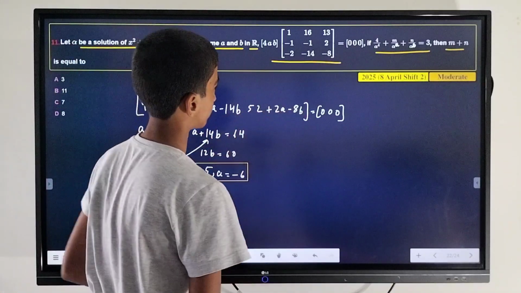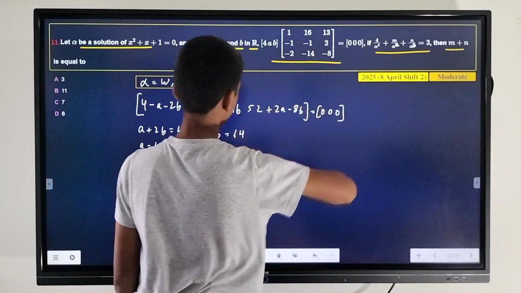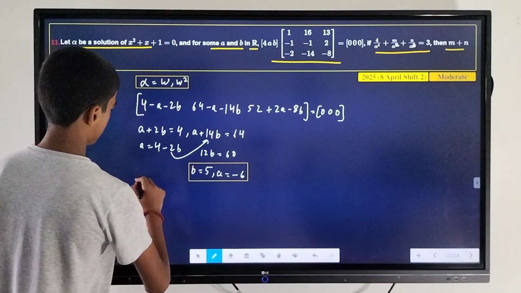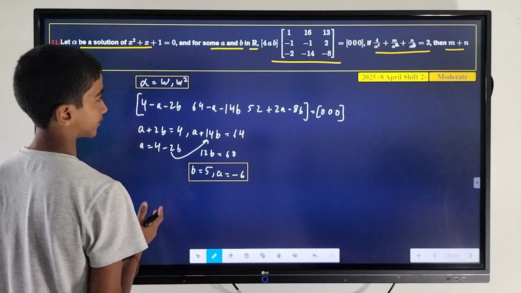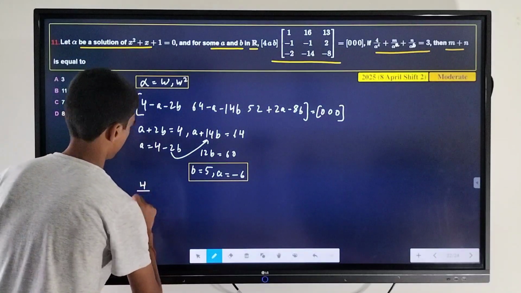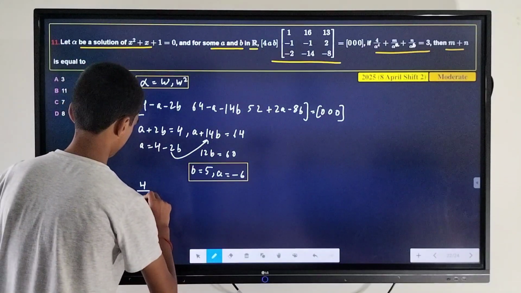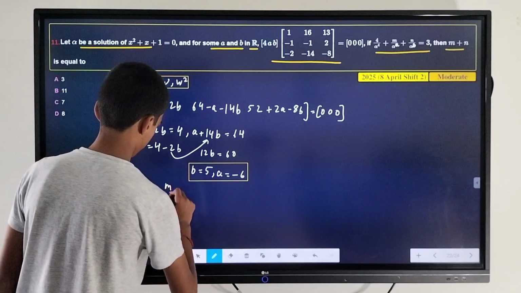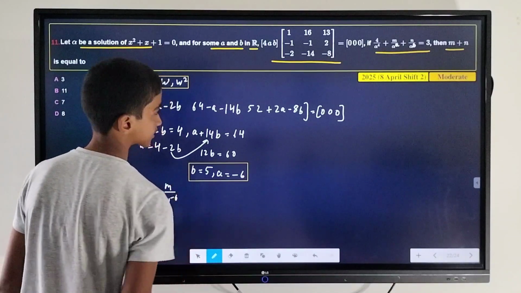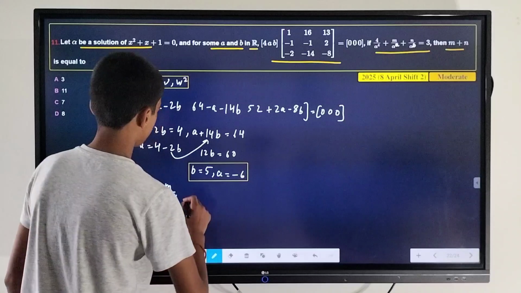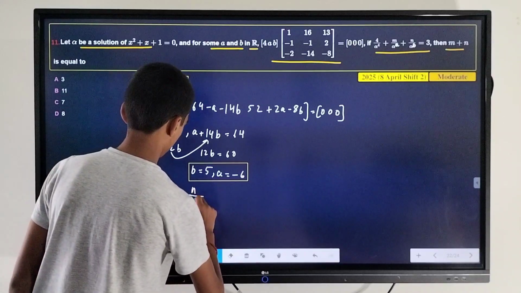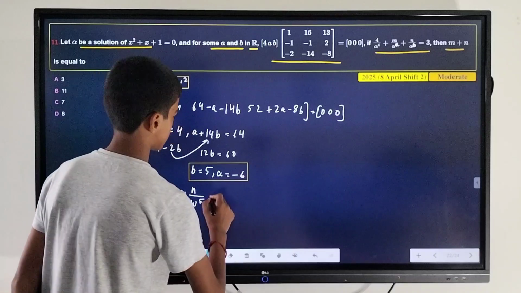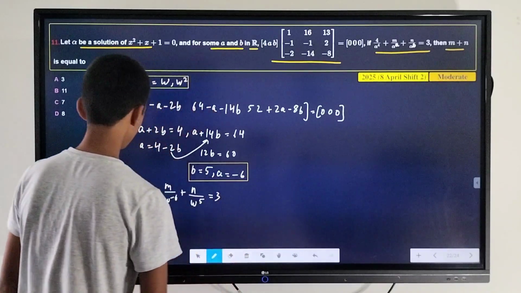So from this equation, we will take alpha as omega. We can also take omega square, but we will take omega. 4 upon omega raised to power 4 plus m upon omega raised to power minus 6 plus n upon omega raised to power 5 is equal to 3.